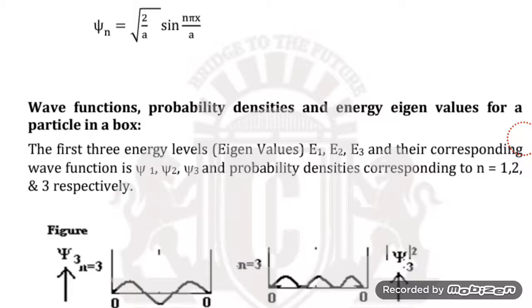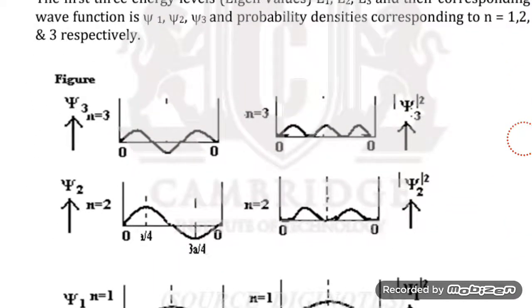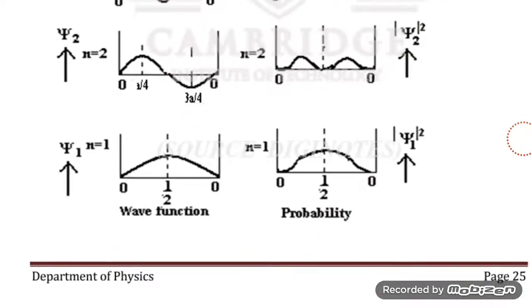The first three energy level eigenvalues, which we solved in the last lecture, E1, E2, E3, and their corresponding wave functions psi 1, psi 2, psi 3 and probability densities corresponding to n equal to 1, 2, 3 respectively, can be calculated as follows.